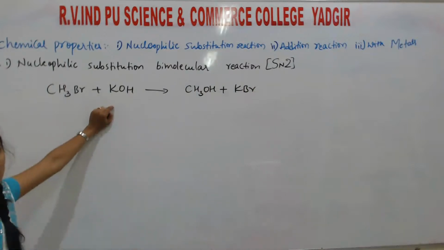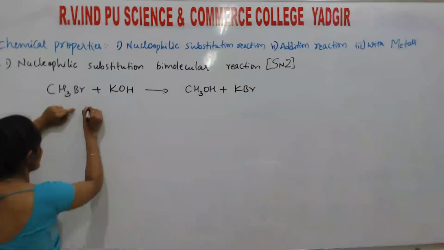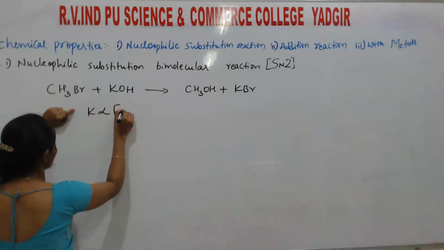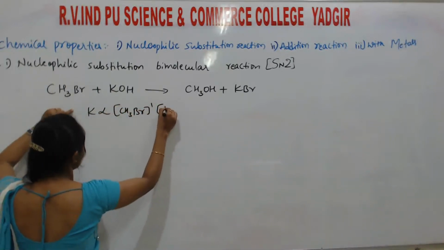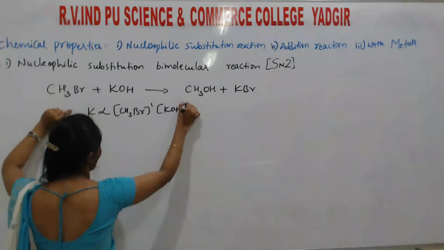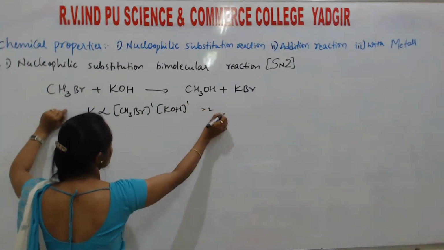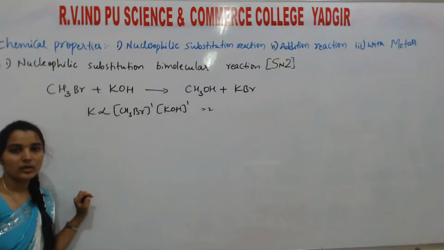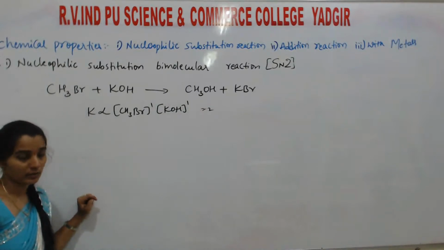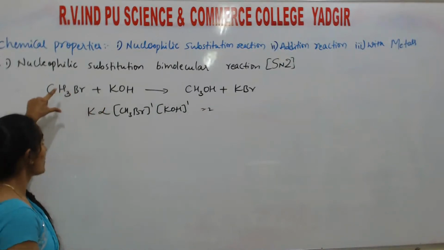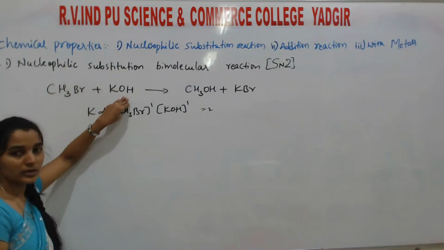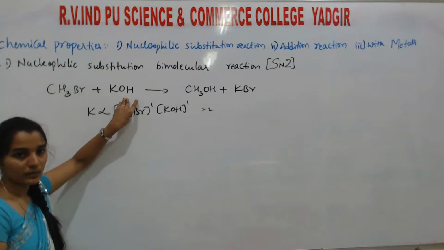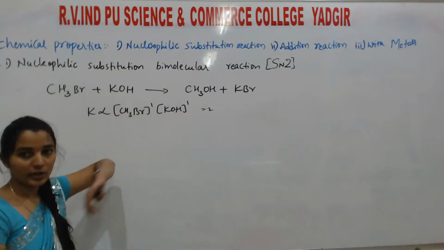Why this is called the SN2 mechanism is that the rate directly depends on the concentration of this methyl bromide as well as KOH. The order is 1 plus 1, that is 2. That's why it is a bimolecular reaction. The rate directly depends on both the concentration of the alkyl halide as well as the alkali. That's why it is a second order reaction.